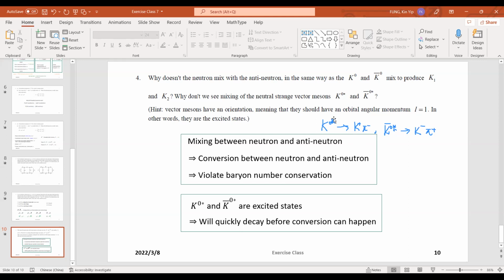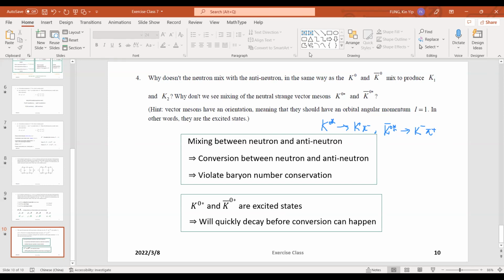For an excited state, the other thing I would think about is that the excited state has a larger energy content.